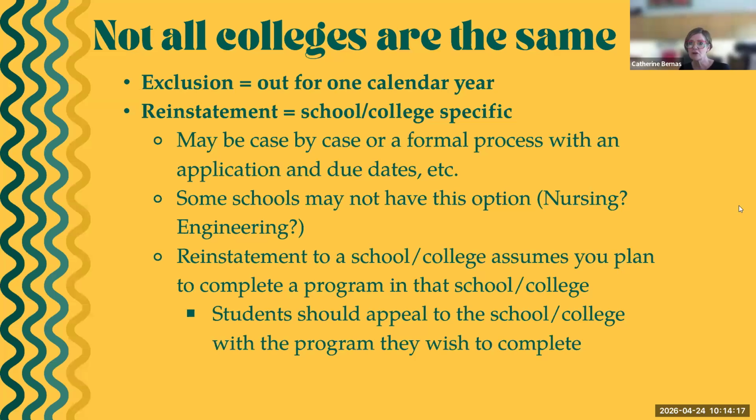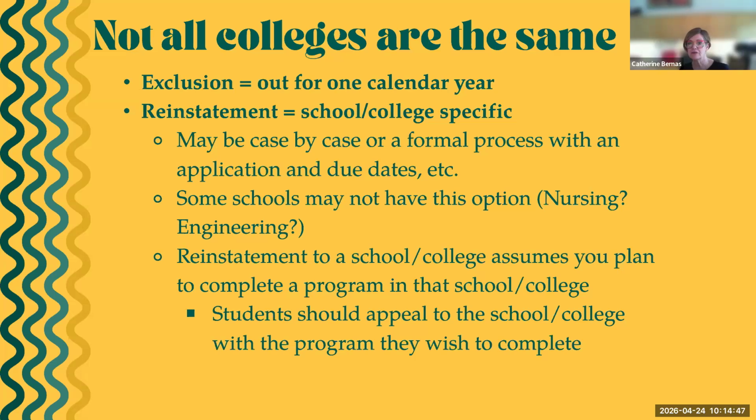So exclusion is when the university, which has a policy of 3 semesters below a 2.0, excludes you from the university for 1 calendar year. That's a university policy that is supposed to be upheld throughout the university. But like I said, oftentimes students are just dismissed from the program and encouraged to go to another school or college.